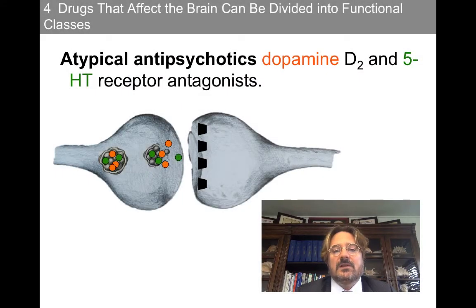Now, atypical antipsychotics came along after typical antipsychotics. They were allegedly better for treating the negative symptoms of schizophrenia, for instance. And here the green circles represent serotonin, whereas the orange circles represent dopamine. And these are receptors on the right for dopamine 2 and serotonin.